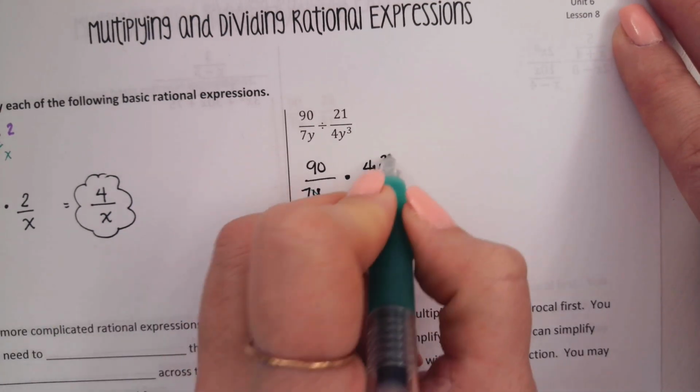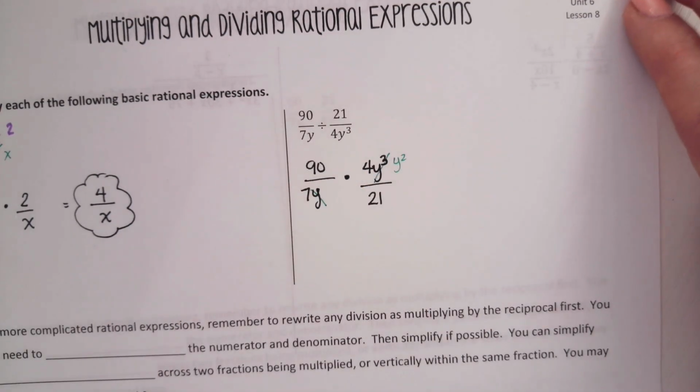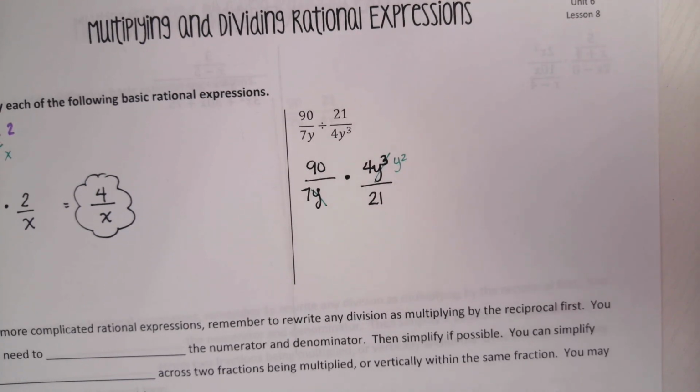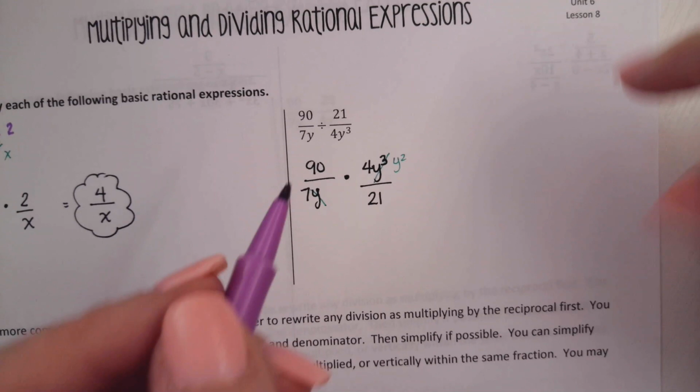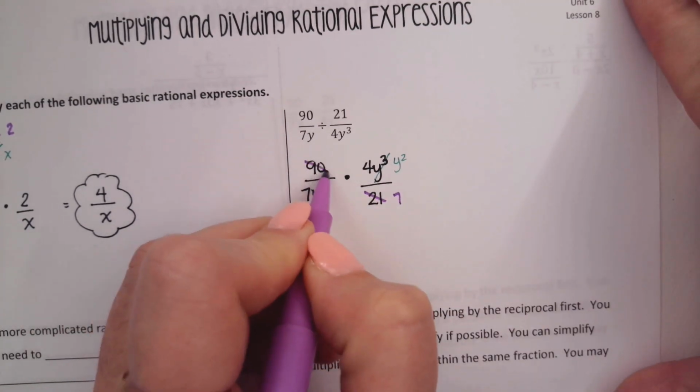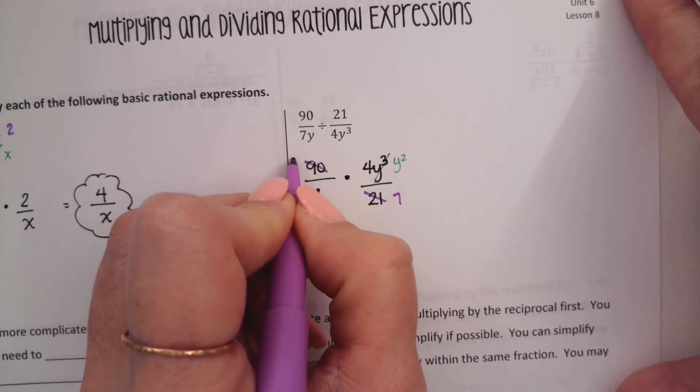So this y and one of these, and I'll have y squared left. 90 and 21, what are those divisible by? Yes, divide by 3. Very good. When I divide 21 by 3, I get a 7. When I divide 90 by 3, I get a 30.